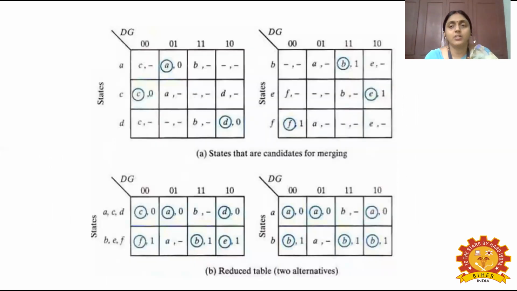So here is the primitive flow table, where figure A shows the states that are candidates for merging, and figure B shows the reduced table after merging.